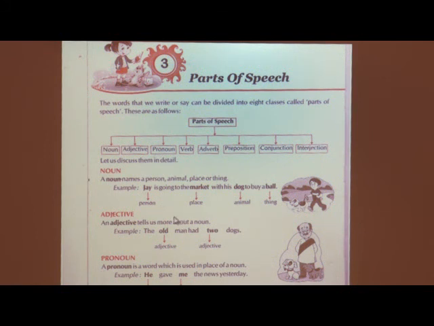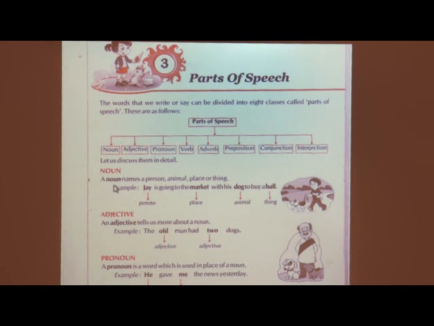So, these are the names of places. Or animals, we can say lion, tiger, elephant, giraffe and many more. Then things, we can say like a ball, bat, doll or table, chair. So, these are the names of a person, animal, place or thing, and they are called a noun.